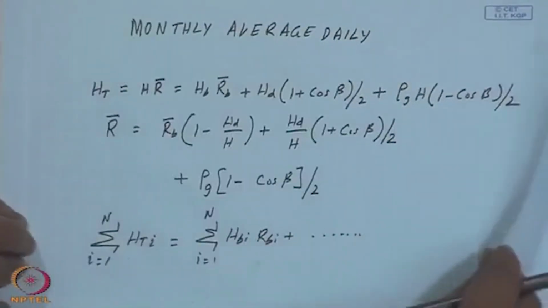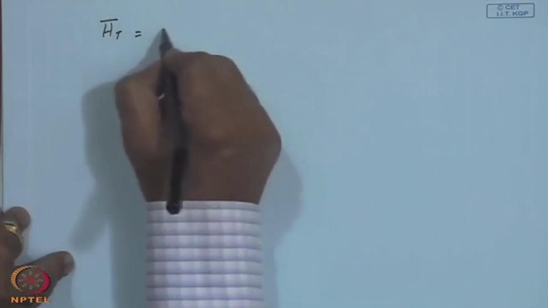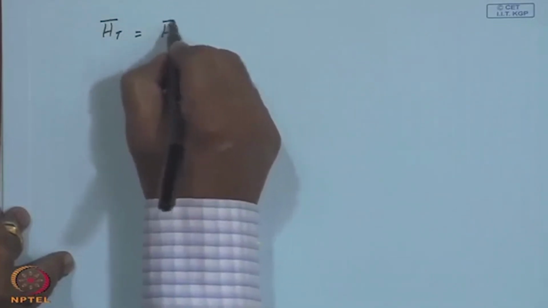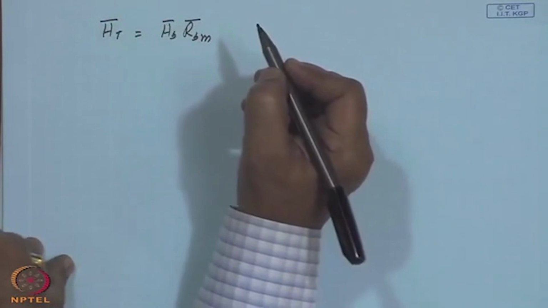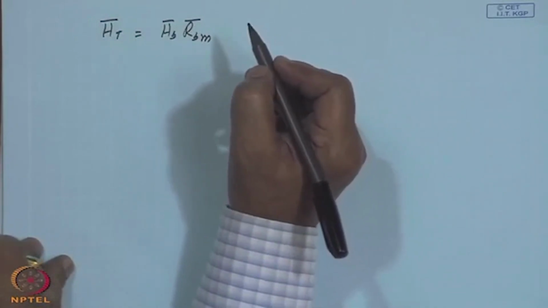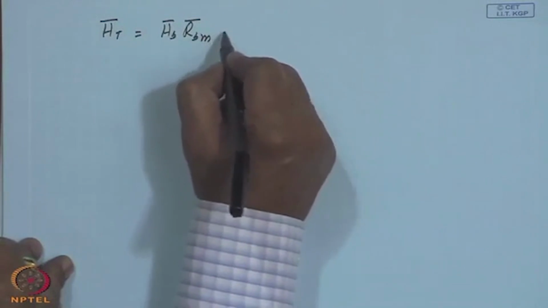Suppose I write this equation in a compact form, that is, I divide throughout with the number of days in the month, then to distinguish between the daily tilt factor and the monthly average daily tilt factor, I use the symbol RB bar m.